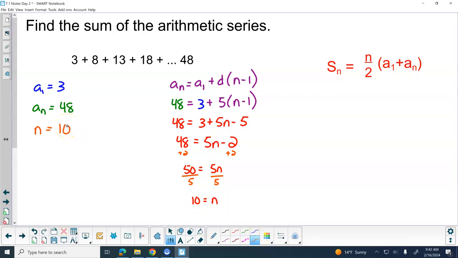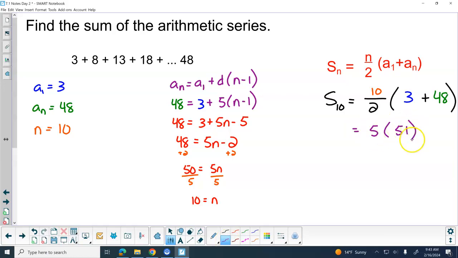So n is 10. And then go over here. You can find the sum of the first 10 terms. 3, 48. 10 divided by 2 is 5. 3 plus 48 is 51. 5 times 51 is 255. Nailed it.